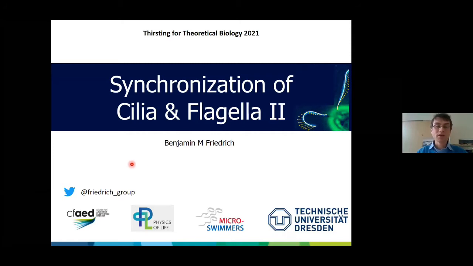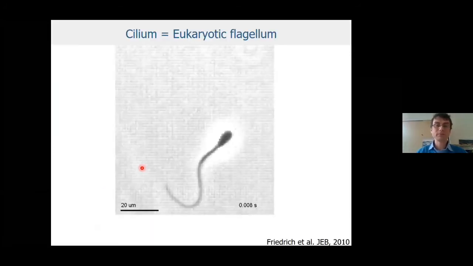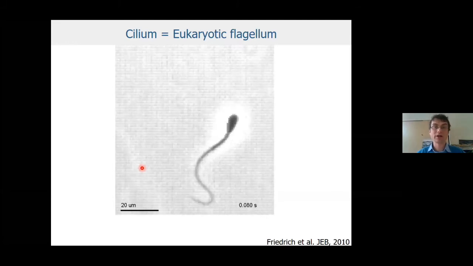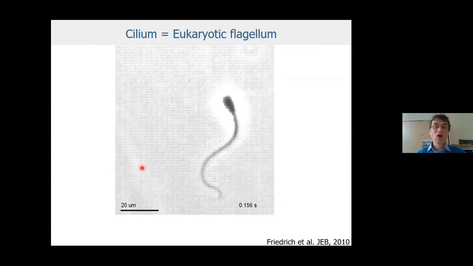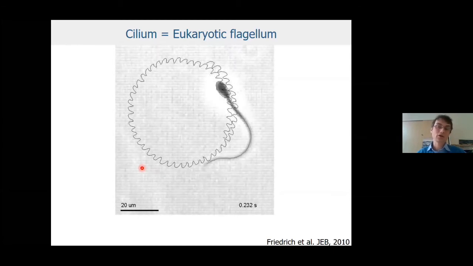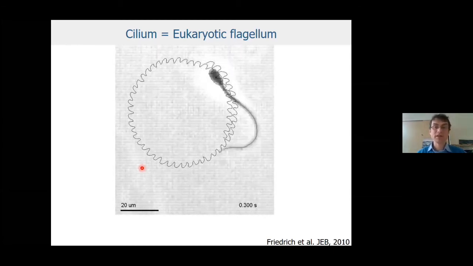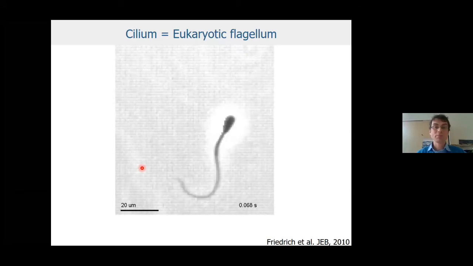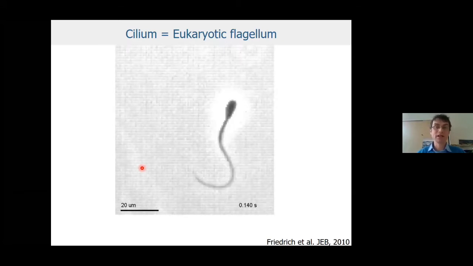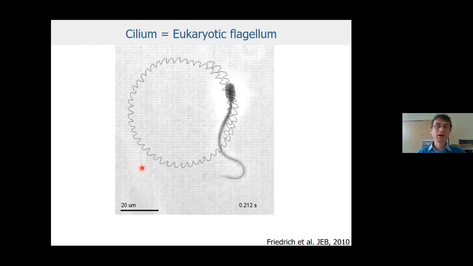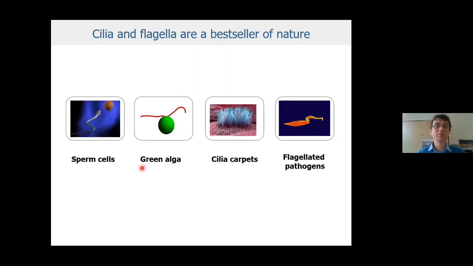So we've already seen in the talk of Prerna Sharma the beating of cilia or eukaryotic flagella. These terms are essentially synonymous, that propel micro swimmers in a liquid. And this cilium or eukaryotic flagellum is actually a bestseller of nature. Very many eukaryotic cells possess cilia. We have seen examples of sperm cells.